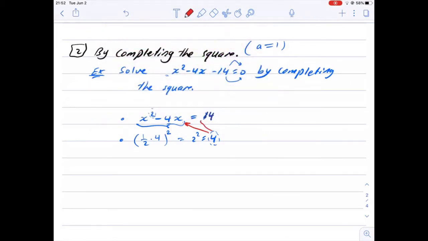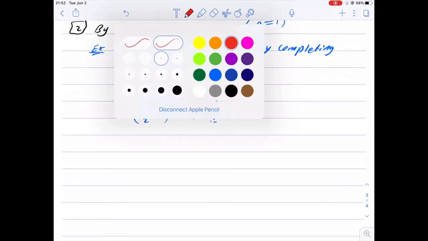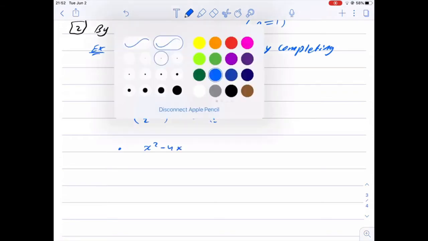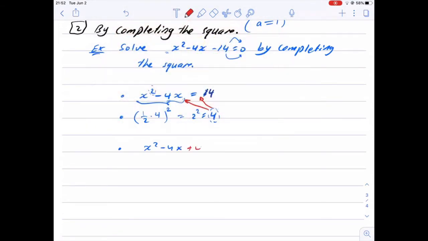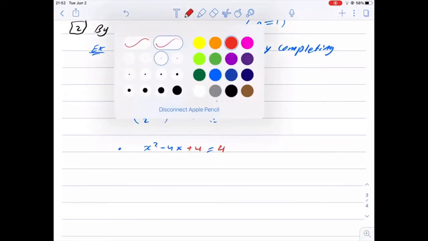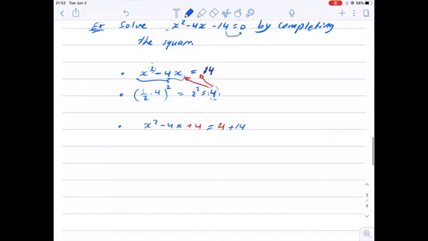So we have x squared minus 4x plus 4 equals 4 plus 14. And then if we look at the left hand side, this is called a complete square.